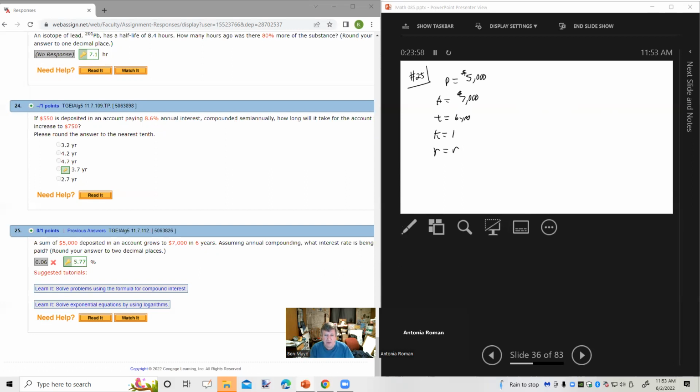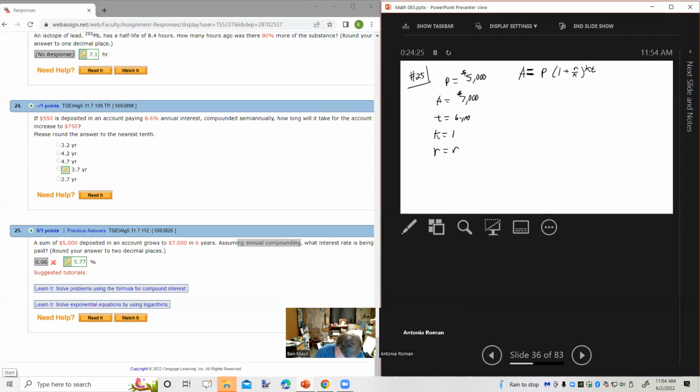Okay, now, since it is not being compounded continuously, we are going to use that formula. If it was continuous, we'd use A equals P e to the rt. But because it's assuming annual compounding, that's why we're using this formula.